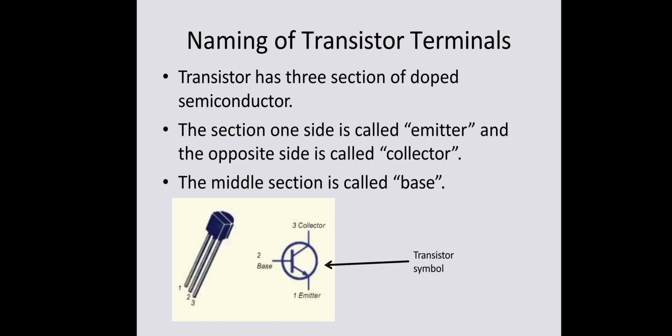The middle section is called the base. In the transistor symbol, the middle section is the base, and one terminal is the emitter, indicated by an arrow. That arrow indicates the direction of current flow, and the third section is the collector.